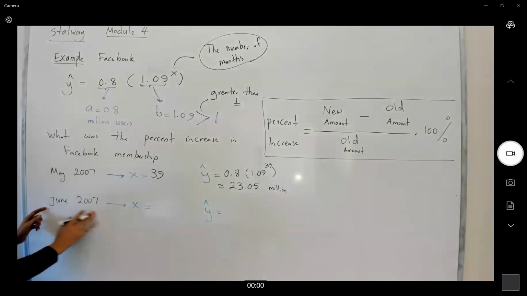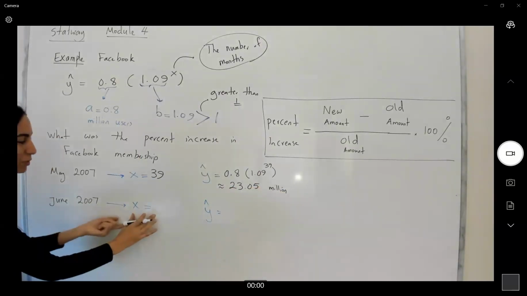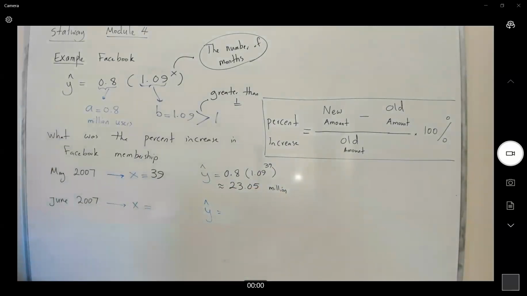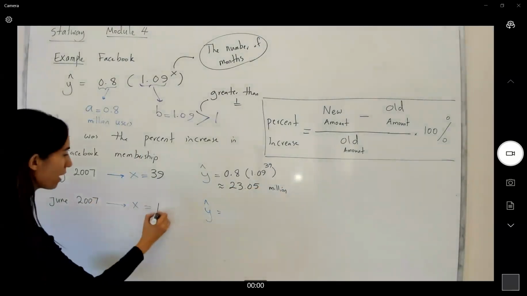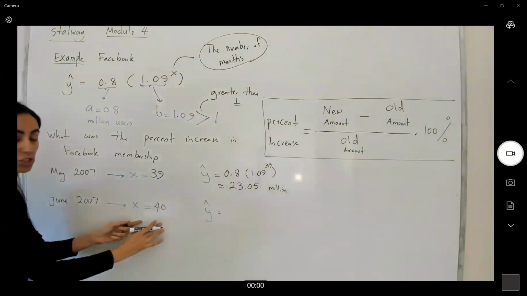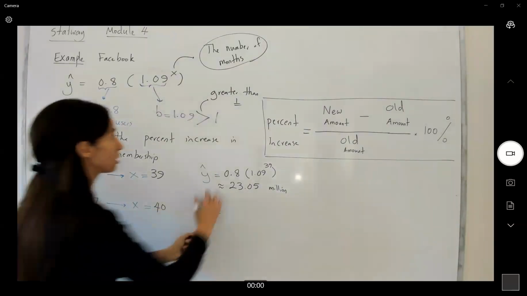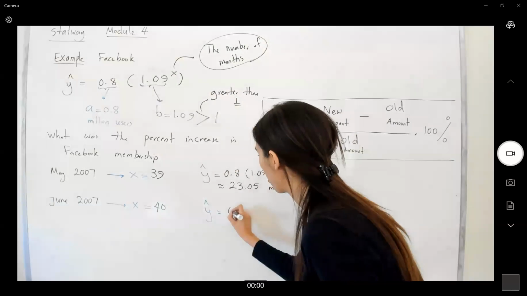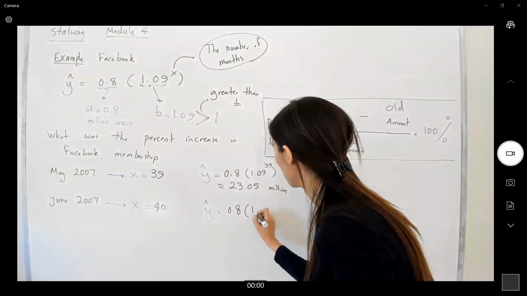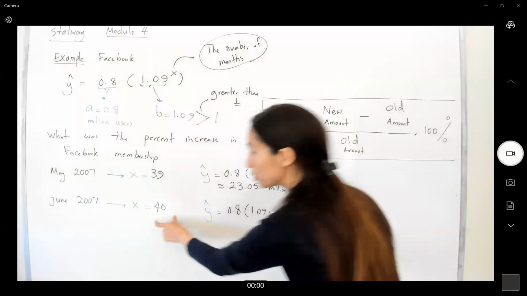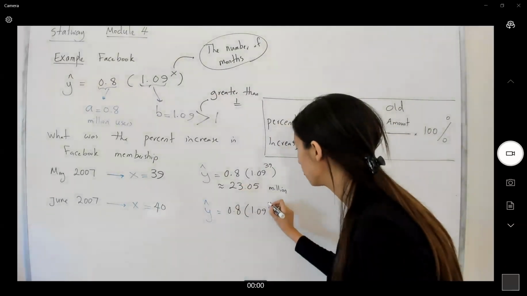Now you're looking at June 2007. So what would be your X value? Your X is now how many months? 40 months. Very good. Thank you. Now your X is changed to 40. It means that the number of users is going to follow the formula 0.8 times 1.09 raised to this new exponent, which is 40.